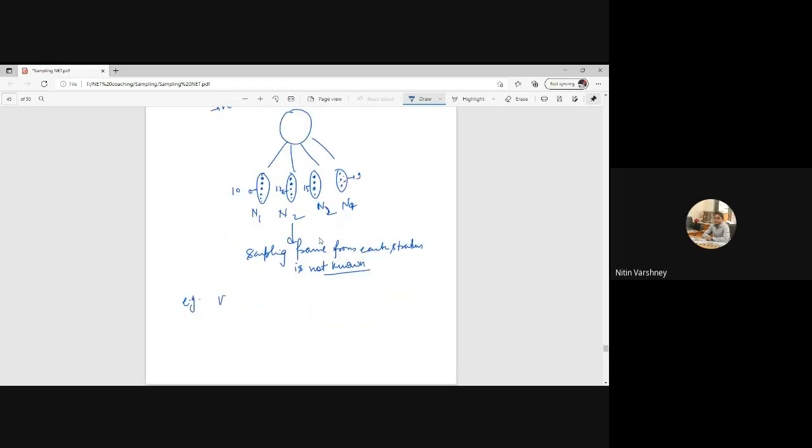For example, in a voter list, the age of each individual voter is available. Suppose there are 1,000 voters and each and every voter's age is there in the list. But the list of voters belonging to different age groups is not available.